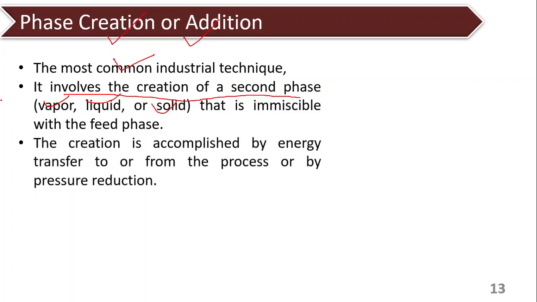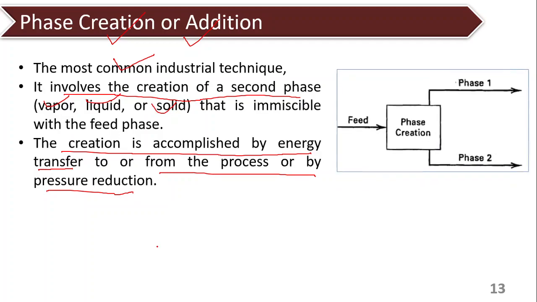So how can we do it? The creation of these phases is possible by energy transfer. I have already discussed that we need some energy or some material, or by pressure reduction. These are the techniques by which we can create the phase in the separator. If you look at the flow diagram, the feed is sent into the separator where the phase is created, and we can separate these phases, phase 1 and phase 2.